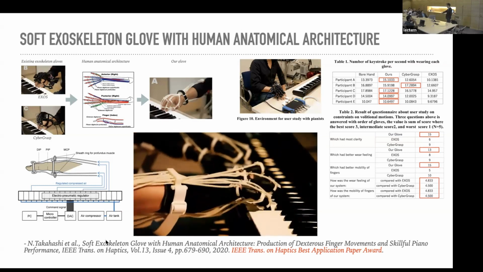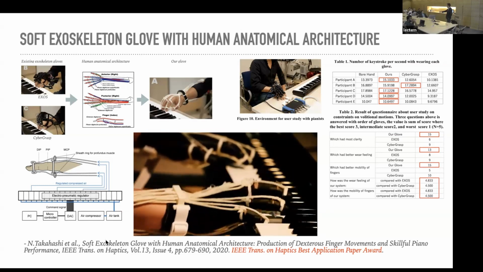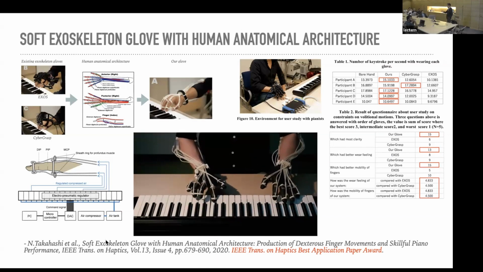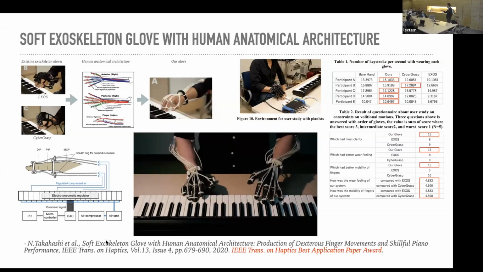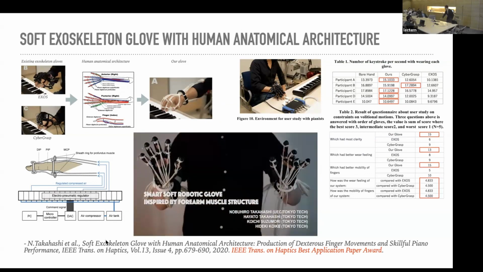He couldn't play the Fiore Elise until 10 minutes before the experiment, but after he learned the position of the keys, the system taught him when to hit the keys.